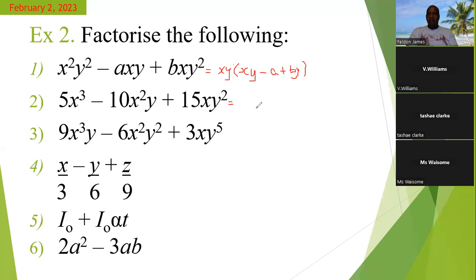All right, so your HCF would be 5x. X would be common, and 5 would be the HCF for the numbers. Yes, sir. 5x would be the HCF for the entire expression.